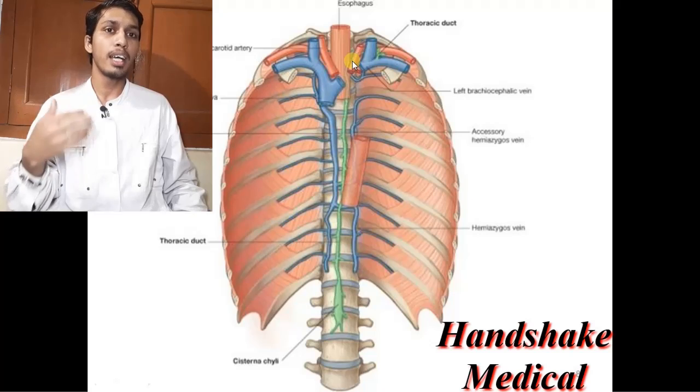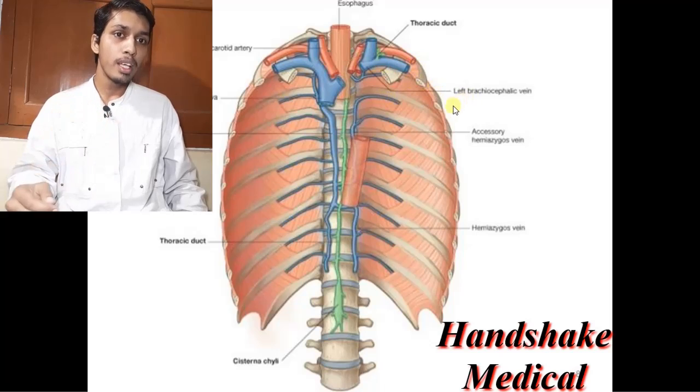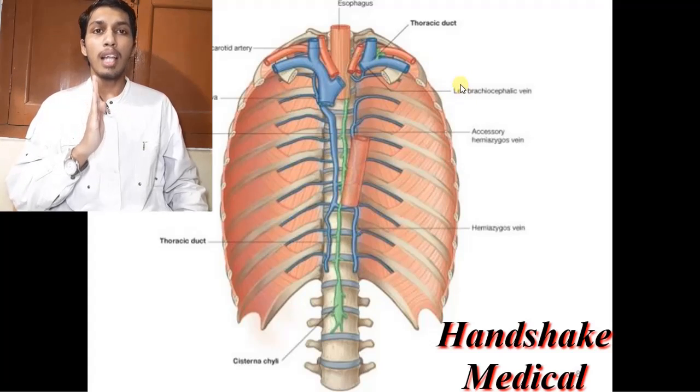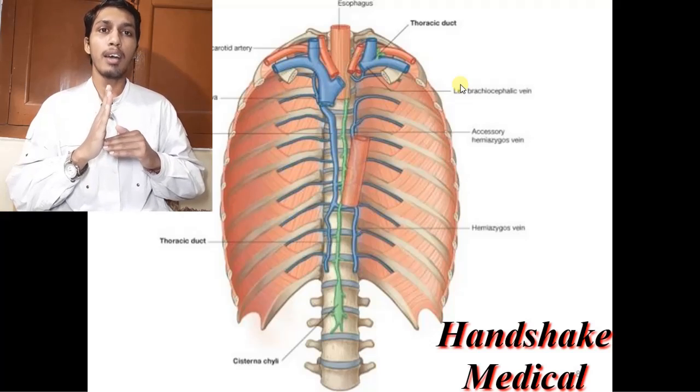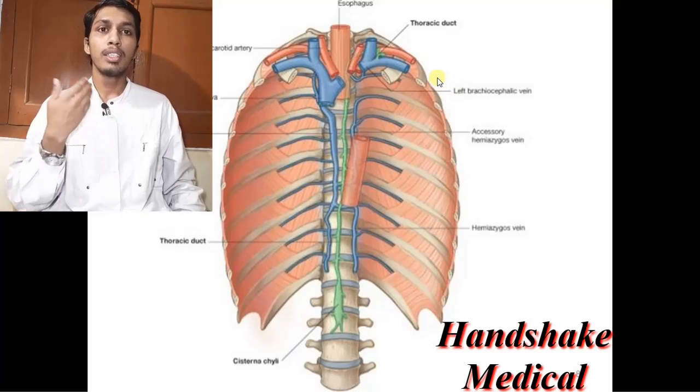It arches laterally, then goes downward and posterior to the left internal jugular vein and terminates or ends up at the junction of the left internal jugular vein and the left subclavian vein, or we can say at the left jugular angle.